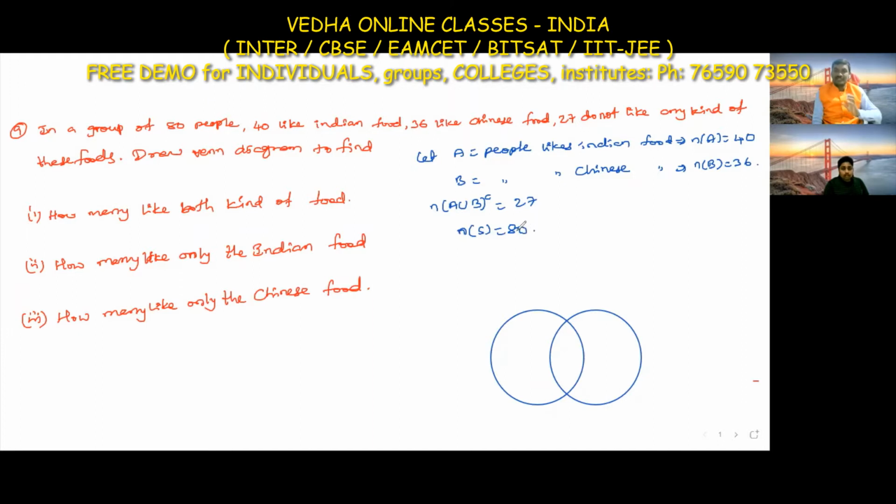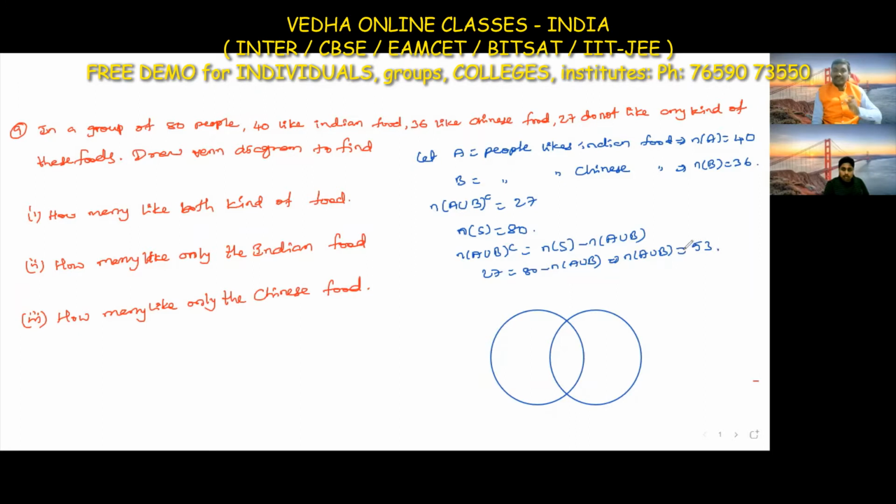Now N of A union B whole complement is equal to N of S minus N of A union B. So 27 is equal to 80 minus N of A union B. This means N of A union B is equal to 80 minus 27, that is 53.